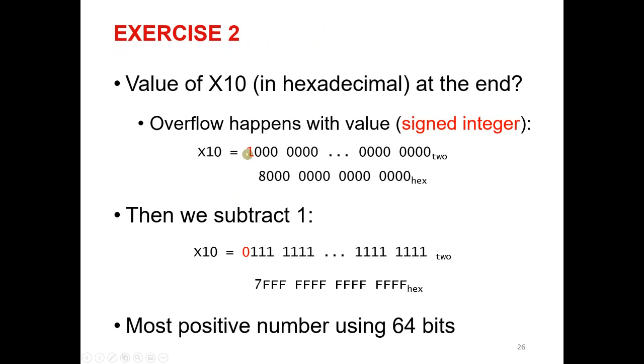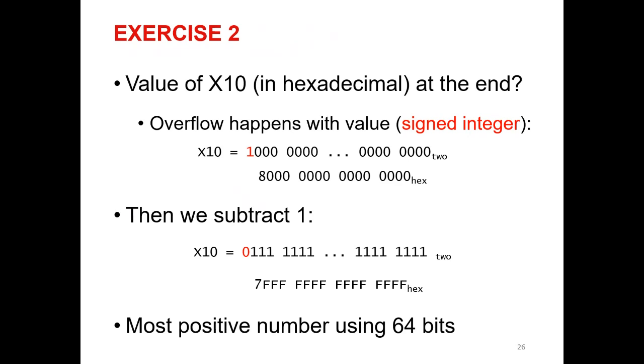So when we get this number, we will have the overflow, and it's then when we go to the overflow part of the code and just subtract 1. Okay, makes sense?